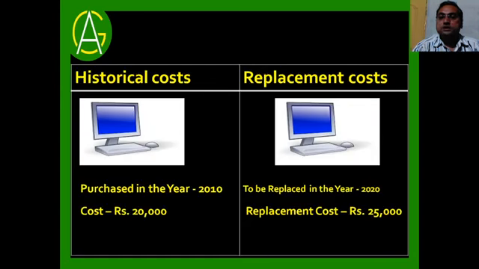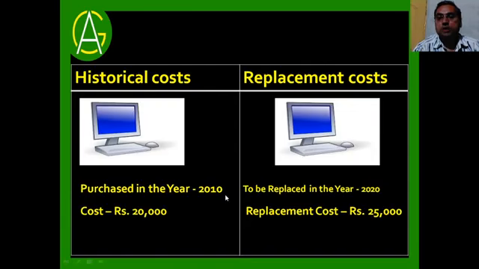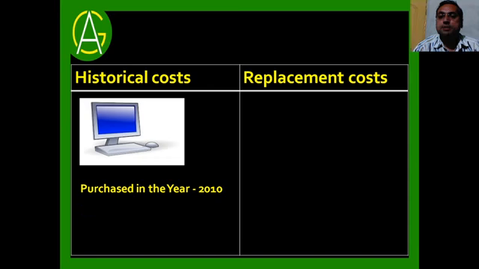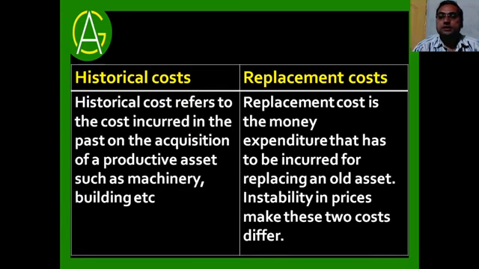Friends, you can see here that historical cost is 20,000, but in order to replace the same computer, we have to incur the cost of 25,000. So replacement cost is higher than the historical cost. Why does this happen? It is clearly mentioned that instability in the prices makes these two costs differ.